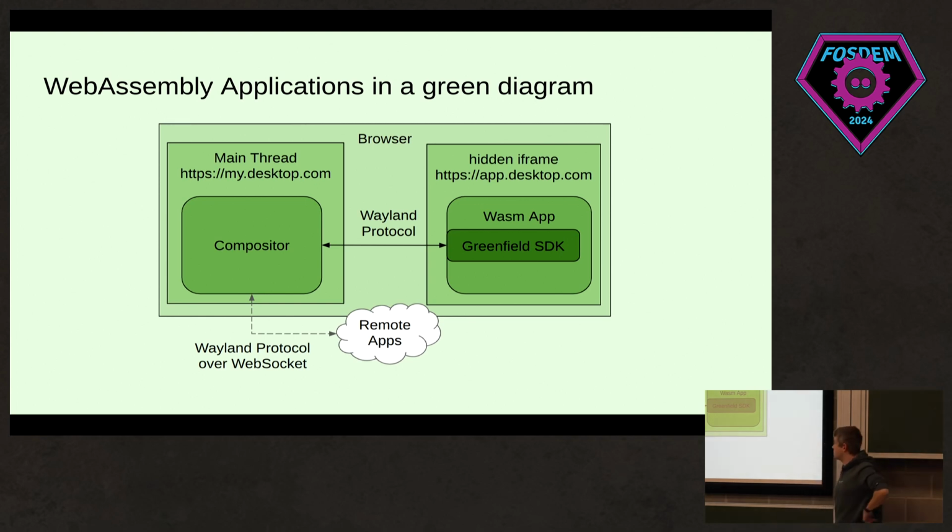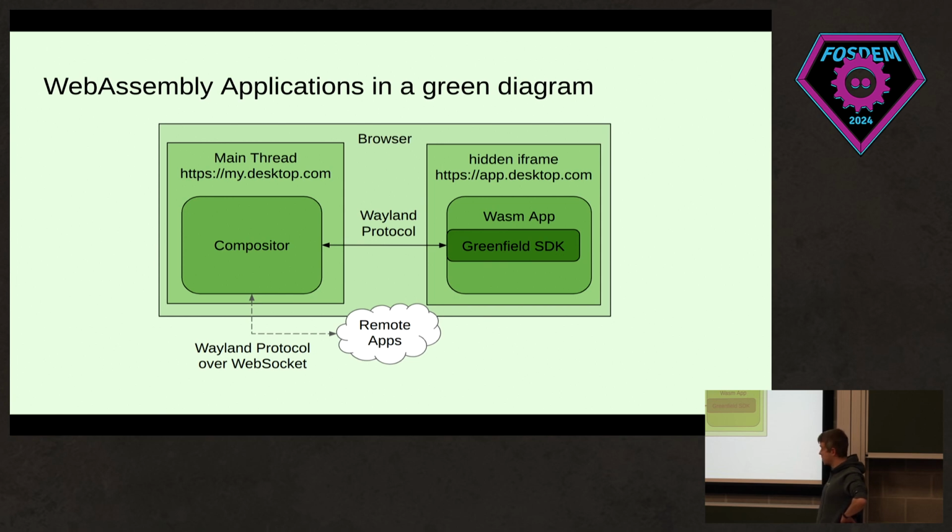So how would this all look? Well, we have a nice green diagram here to show you how this looks. We have our main page on the left that loads your compositor, that loads Greenfield. Next to it, you will have an iframe. The iframe loads your WebAssembly application, and then basically uses internal iframe messages to your main thread, talking 100% pure native Wayland protocol.